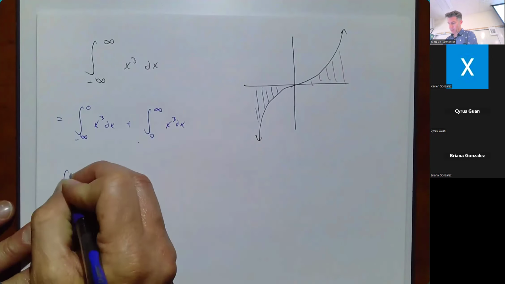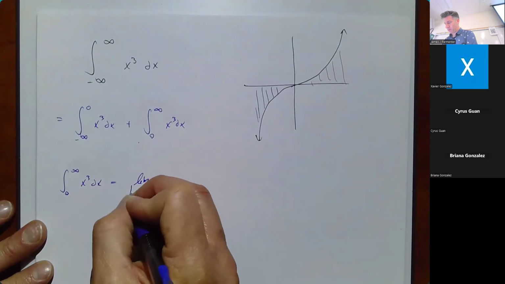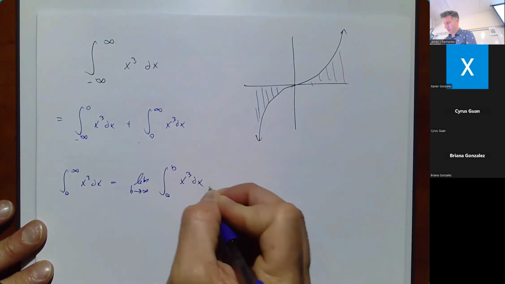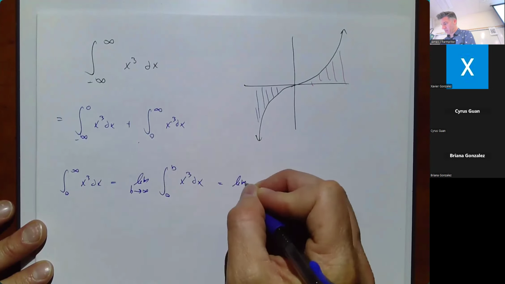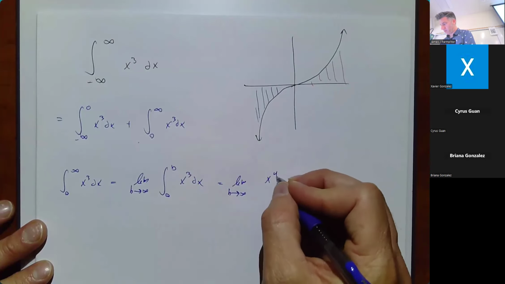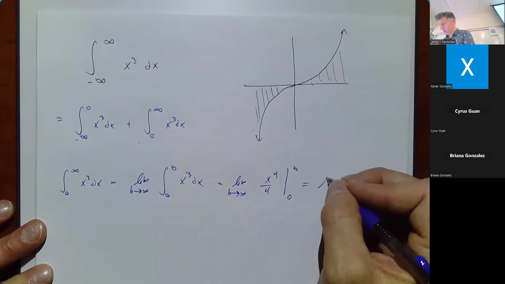The integral from 0 to infinity of x cubed dx is equal to the limit as b goes to infinity of the integral from 0 to b of x cubed dx. The antiderivative of x cubed is x to the 4th over 4. And then we evaluate from 0 to b. We plug in b.